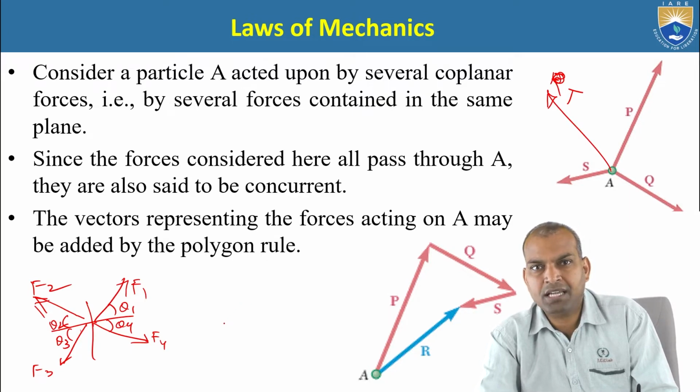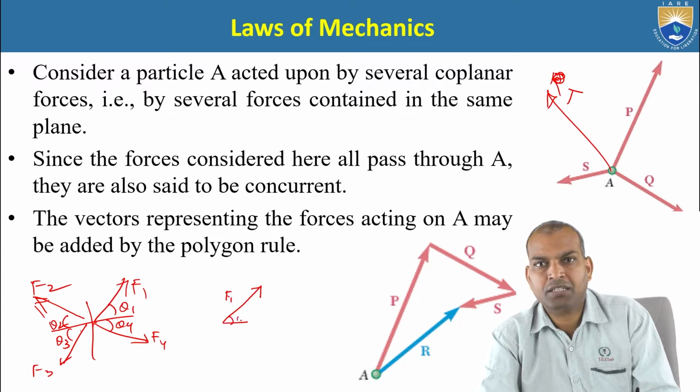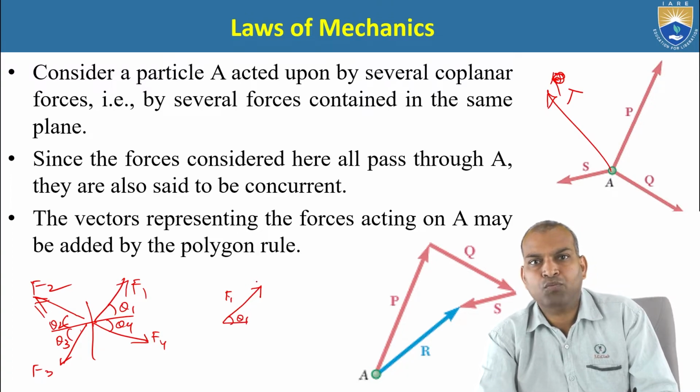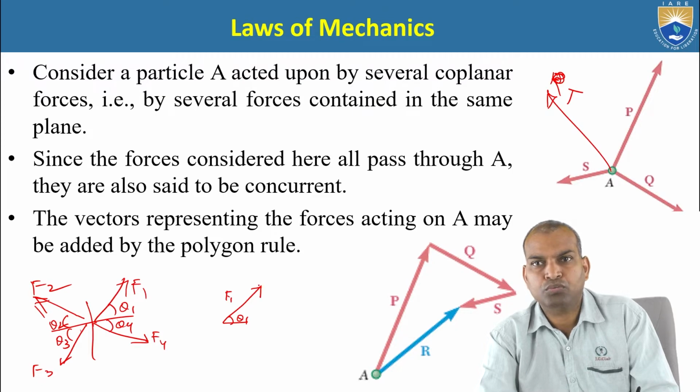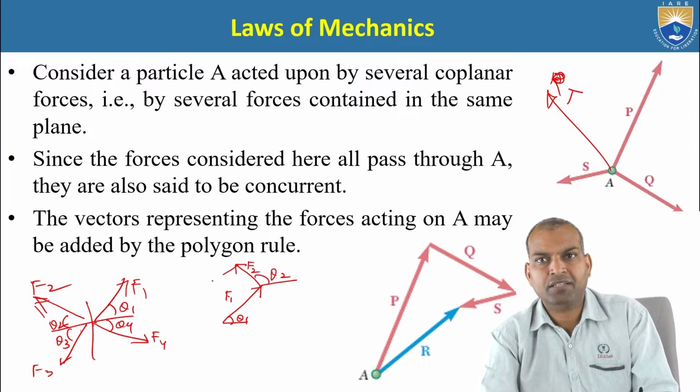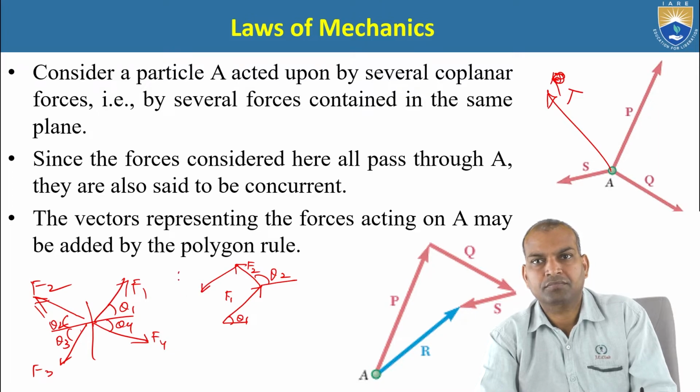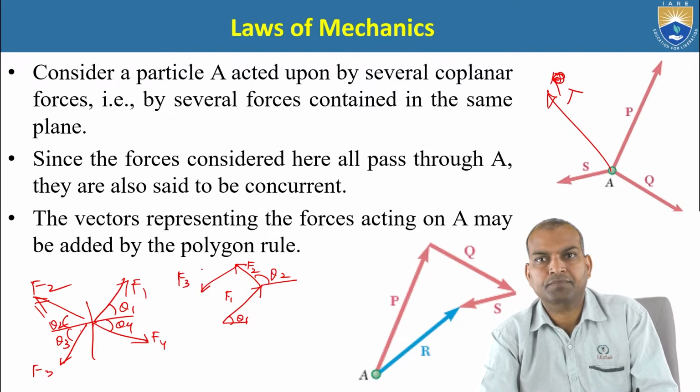So consider F1 with the angle theta 1. Then again theta 2, this is F2. Next, go for theta 3, this is F3, with the horizontal.